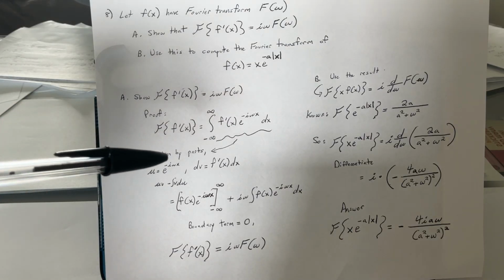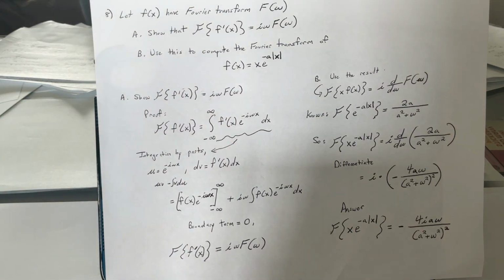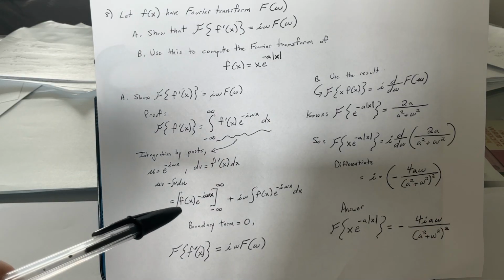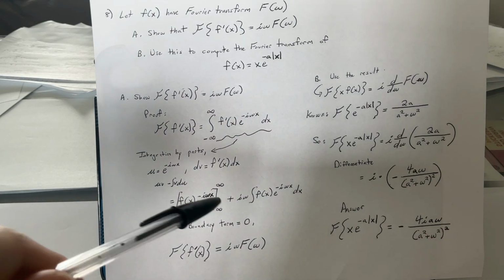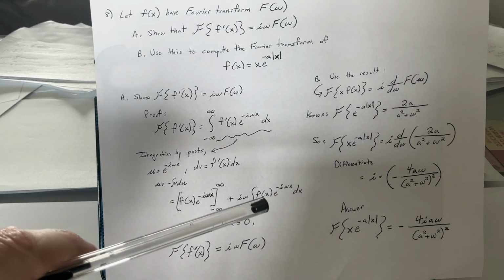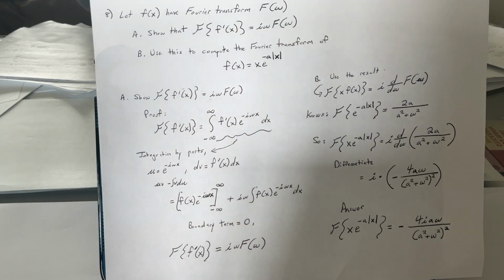We'll let u equal e to the negative i w x, dv is f prime of x dx, uv minus the integral of v du, and now we get this. Okay, we're going to wind up with f of x times e to the negative i w x, evaluated from negative infinity to infinity, plus i w times the integral of f of x e to the negative i w x dx. Okay, the boundary term here is 0.